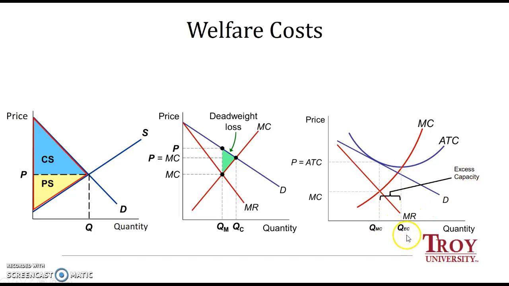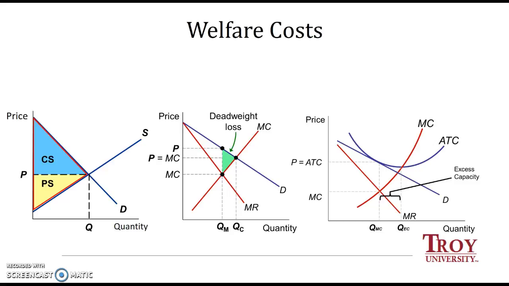This is the output that the perfectly competitive firm would produce. Here, the firm has the ability to expand its production up to that point where the marginal cost just intersects the average cost. At that point, the firm would be providing the social optimum, at least from the consumer standpoint, but it would also incur losses.